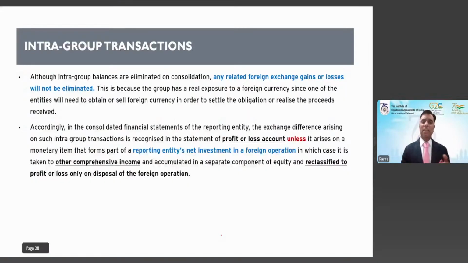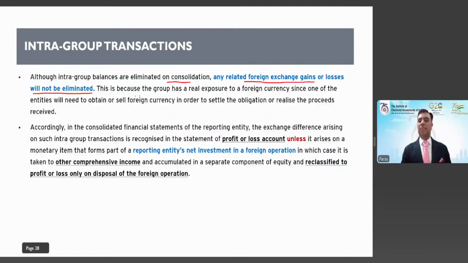So what does Ind AS 21 say? Although intragroup balances are eliminated on consolidation, any related foreign exchange gain or loss will not be eliminated. If you have done any transaction with your subsidiary situated in, let's assume, the US, then the principal balance will get eliminated while preparing the consolidated financial statements, but the foreign exchange gain or loss arising on this transaction will not be eliminated. Why so?